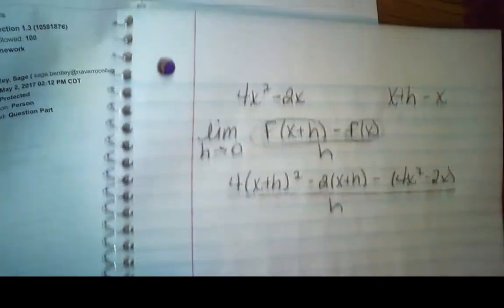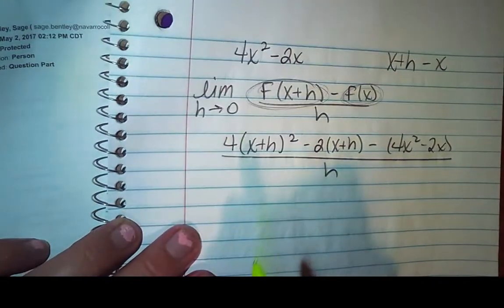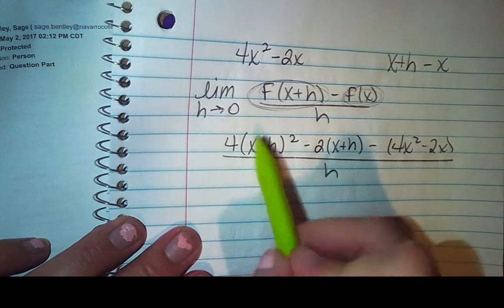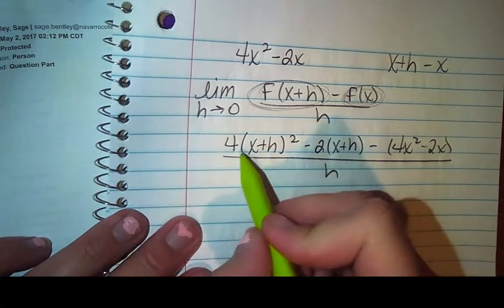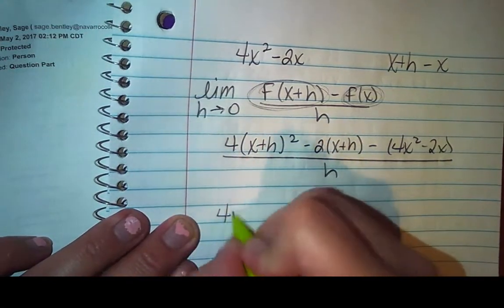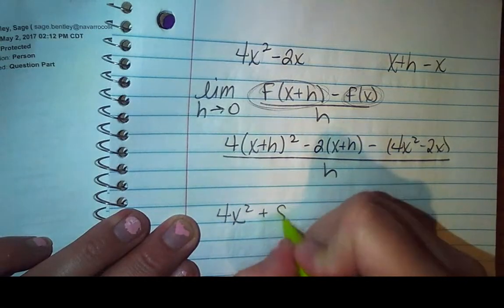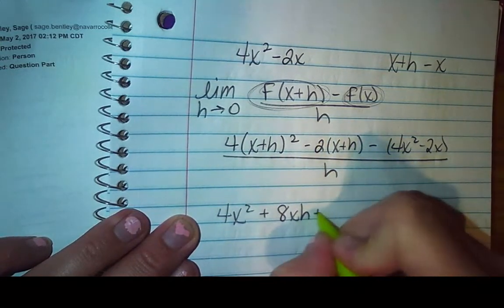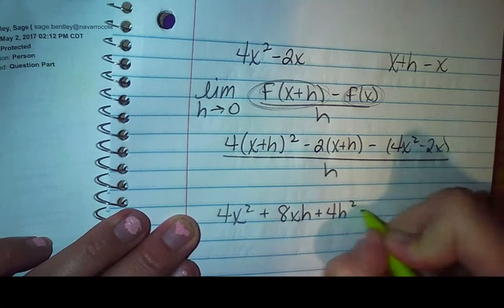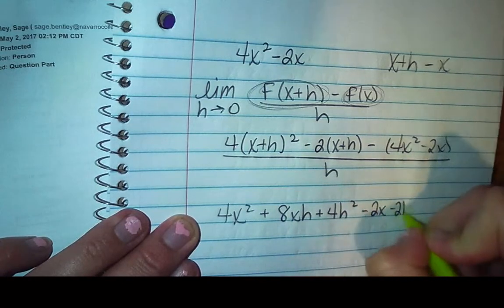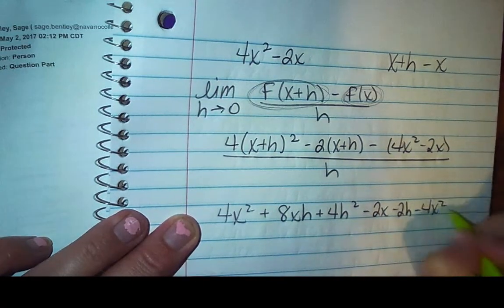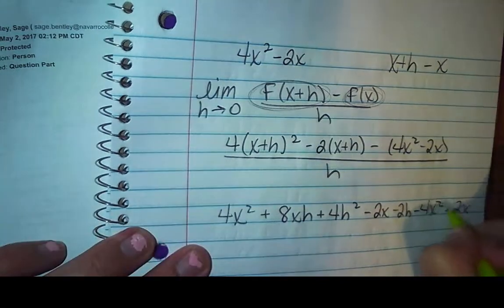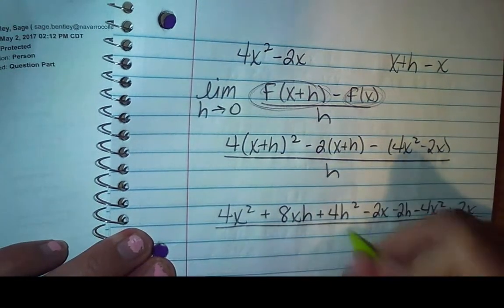Okay, so direct substitution is not going to work. So FOIL this out, distribute a 4, and I'm going to rip through this thing. So I have a 4x squared plus an 8xh plus a 4h squared minus 2x minus 2h minus 4x squared plus 2x, sorry, all over h.